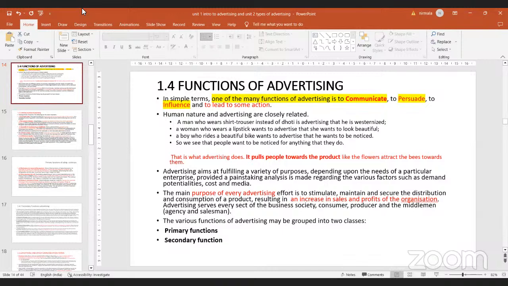And along with the advertisements, we also use integrated marketing communication, where the organization takes into account all the possible promotional methods to sell its products or to make people aware of the products and services offered by that particular company.